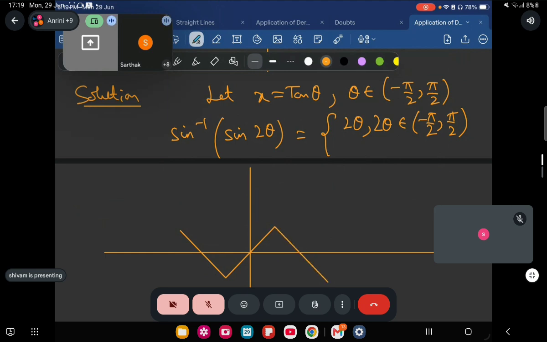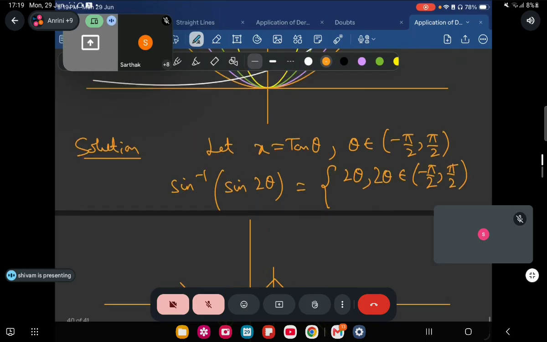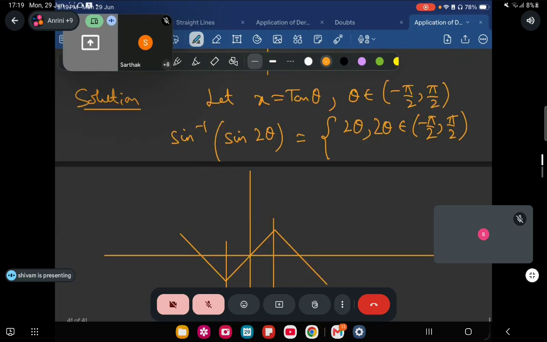There will be three branches. You need to understand in which branch it will lie. So it will become 2 theta when 2 theta belongs to minus pi by 2 to pi by 2. And what is the equation of this branch? See, the equation of this branch is y equal to x.